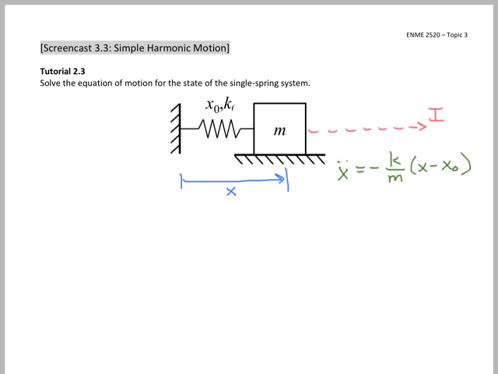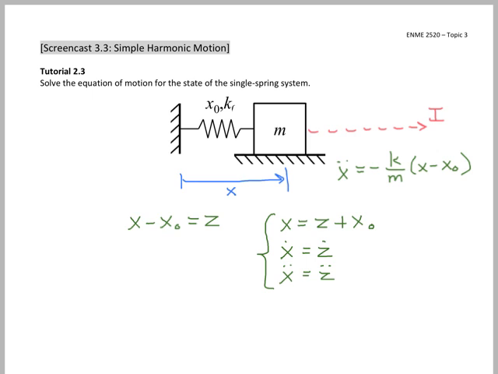So we're going to change our coordinates, and now we're defining the quantity x minus x naught as the coordinate z. And so all that's doing is saying that instead of referencing our fixed point within the inertial reference frame I, we're now referencing the resting position of where the mass lies, and only considering this displacement z.